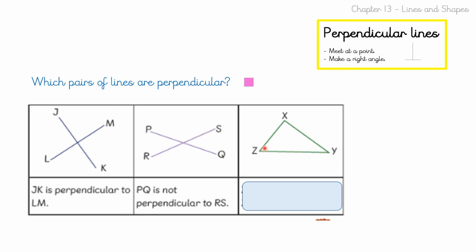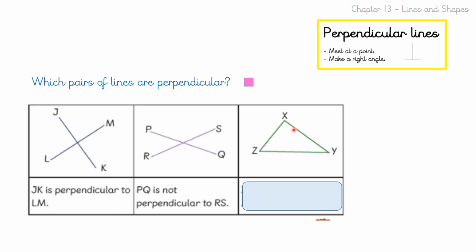Be careful, because we might need to turn the shape round to see clearly if they make a right angle or not. Or we might need to think of a capital letter to help us. So, do you think this is a right angle?